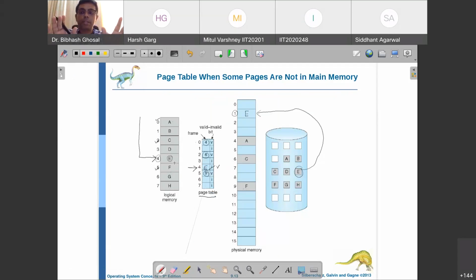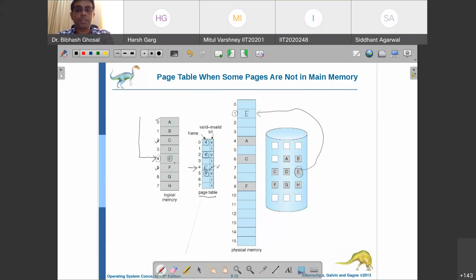Let's summarize. Virtual address was generated, page was identified, page table was consulted. It was found that there's an invalid bit. It meant that the corresponding page does not exist in the physical memory. This situation is called a page fault. If there is a page fault, the page residing in the hard disk is brought into the physical memory, provided there is space for placing it.